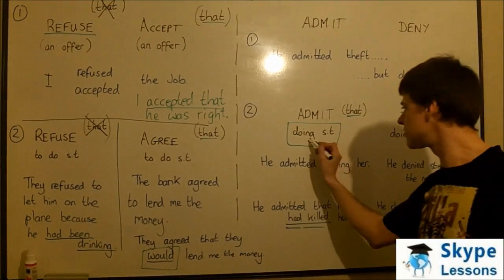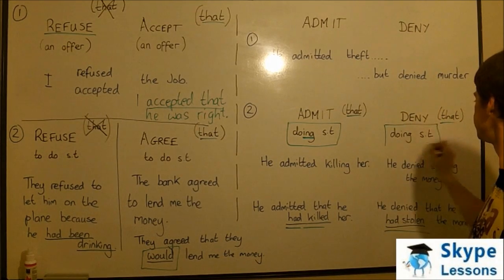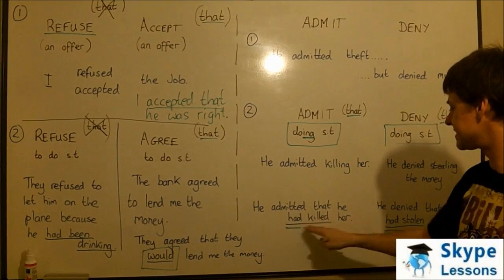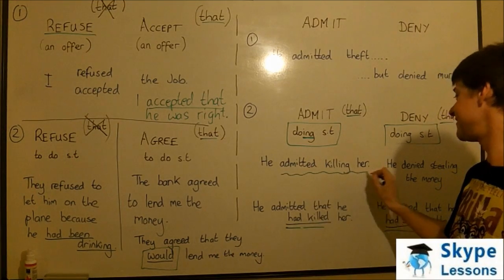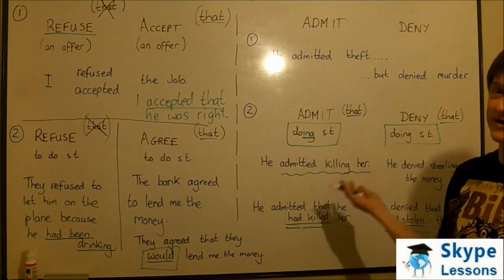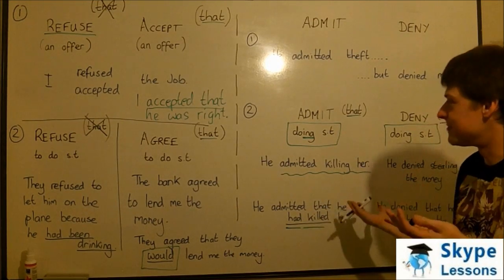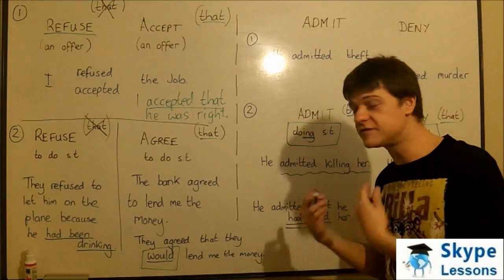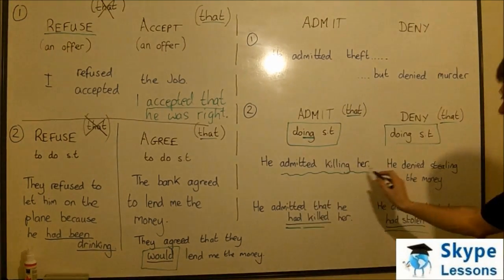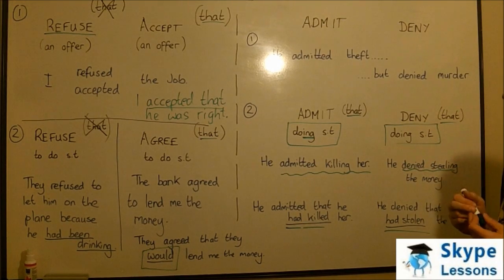Gerund, for people who still don't know, is the ing form. So instead of he admitted that he had killed her, we could say he admitted killing her. And this is the easiest way, because you don't have to use past perfect, it's easier to report it this way, it seems to me. But you must remember that it takes the gerund form, the ing form. And the same for deny. He denied stealing the money. It's the easier way, in my opinion.